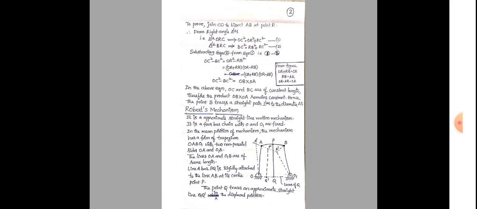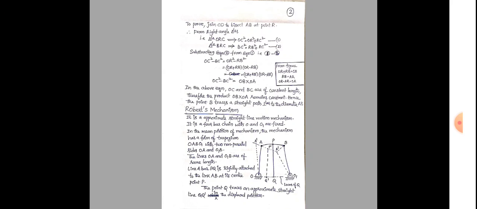Now the other link, PQ, is rigidly attached to the link AB at its center, that is at point P. And the point Q traces an approximate straight line QQ dash in the displaced position.